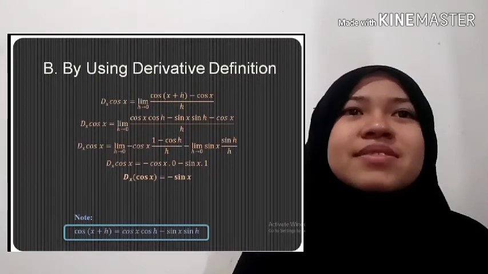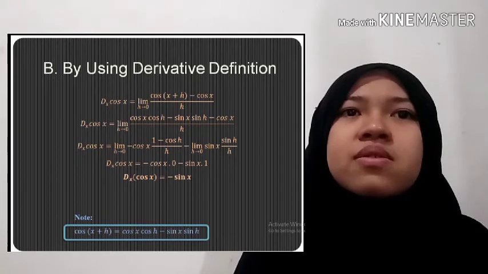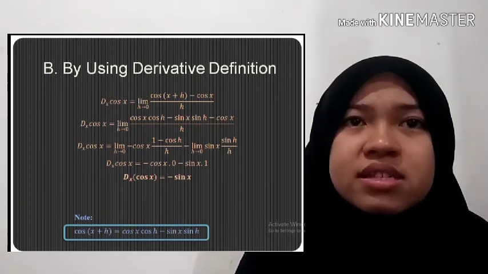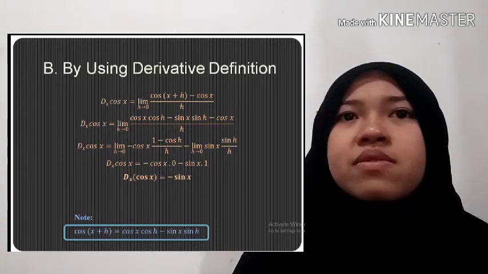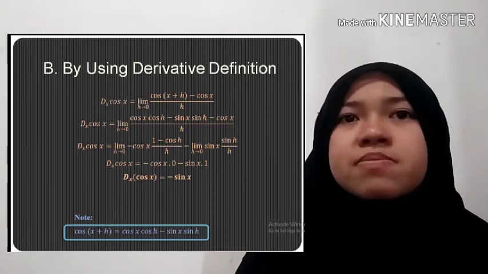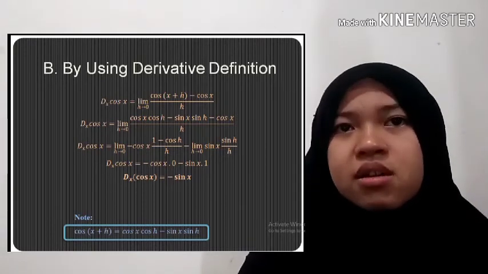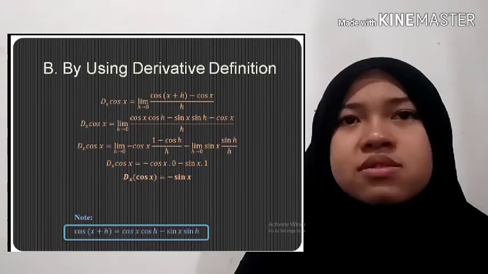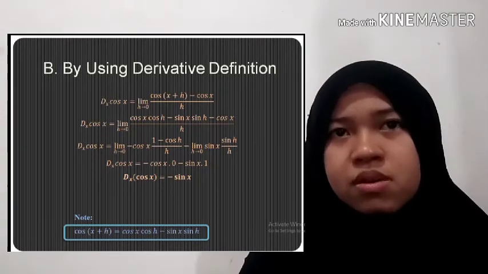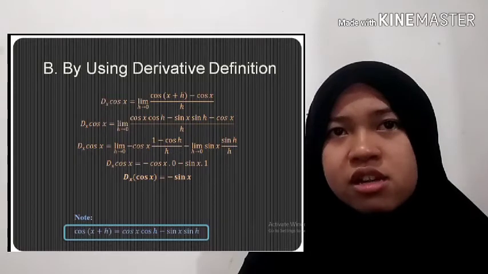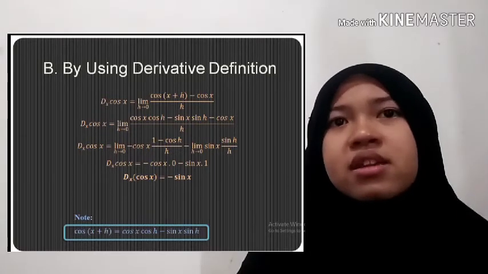Let's prove it. By using the derivative definition, we know that the derivative of cosine x is equal to the limit as h approaches 0 of the function cosine of (x plus h) minus cosine x all over h. Don't forget that cosine of (x plus h) is equal to cosine x cosine h minus sine x sine h.